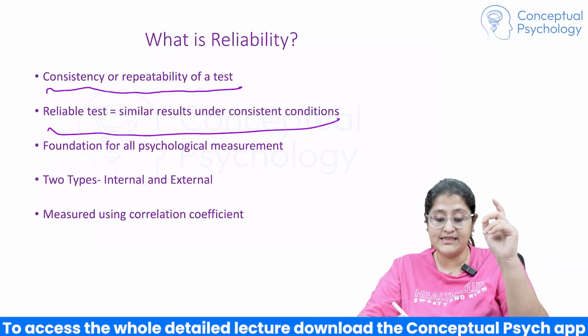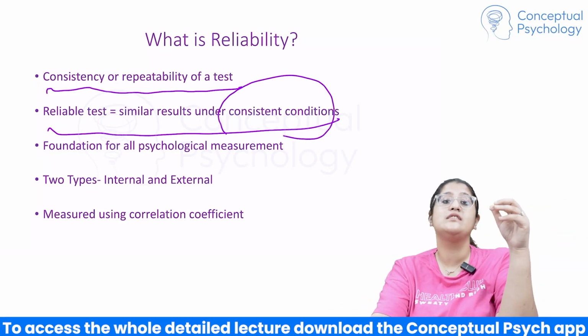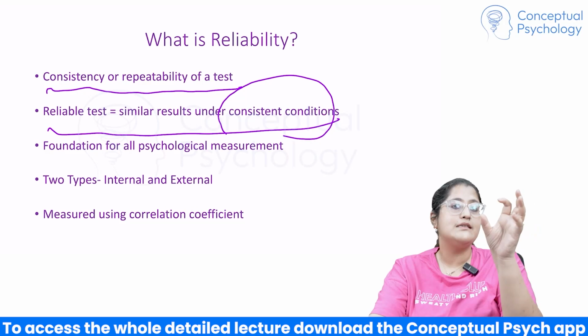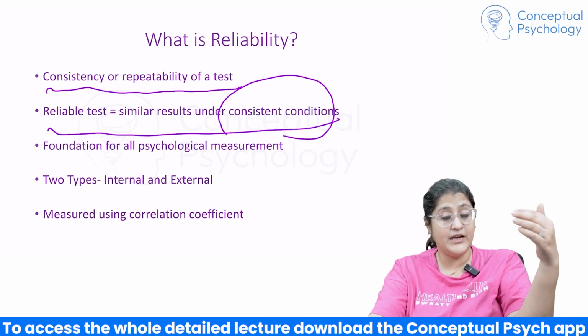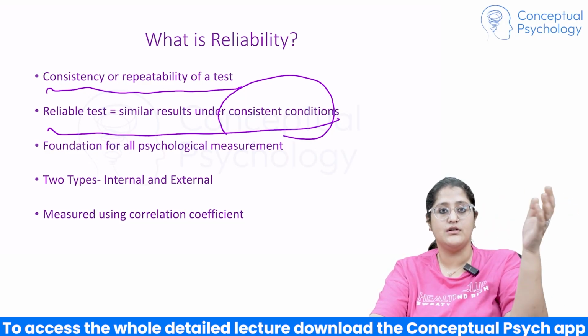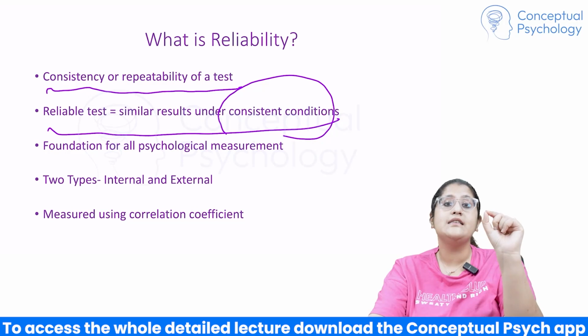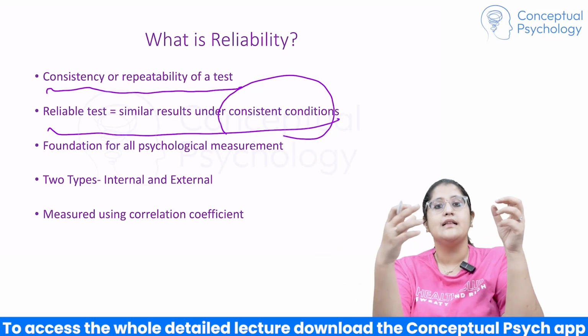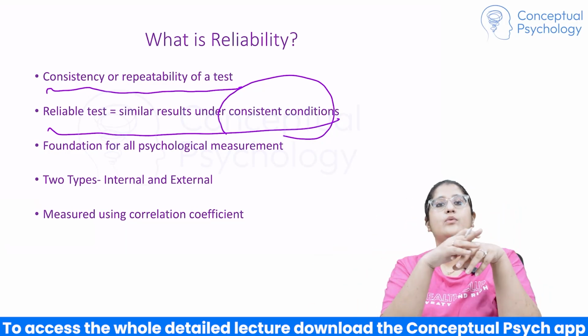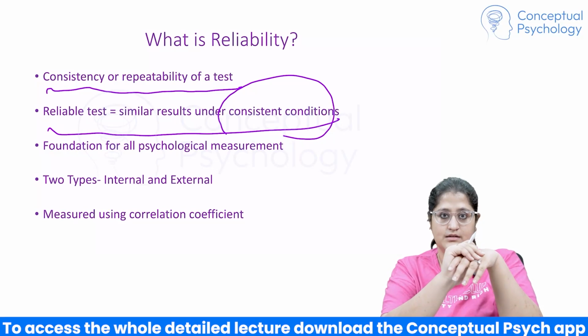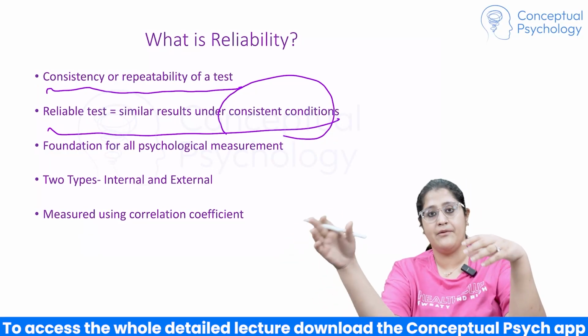Okay. Now, again, reliable tests give similar results under consistent conditions. Now, what are consistent conditions? You must have noticed I've been using the phrase consistent conditions since the start of the lecture. Consistent conditions means that the conditions in which the test is administered remain the same.